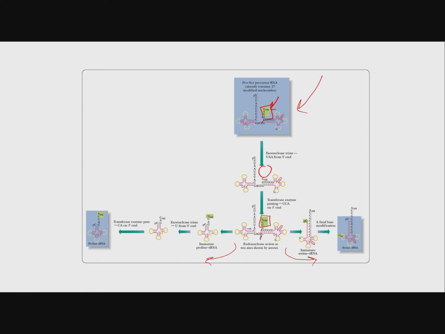And then we also end up with an immature proline tRNA in this example. Then there's some 3' end trimming, and a CA gets added to the end here. This is all so that it can recognize the correct amino acid. And then this one as well. This serine went this way and had some modifications as well.